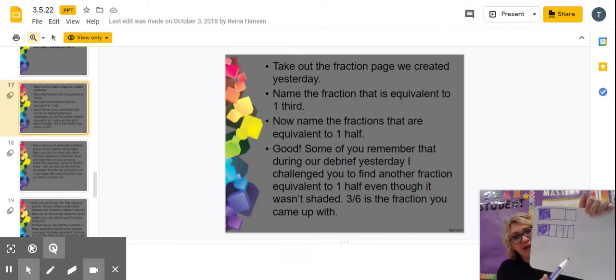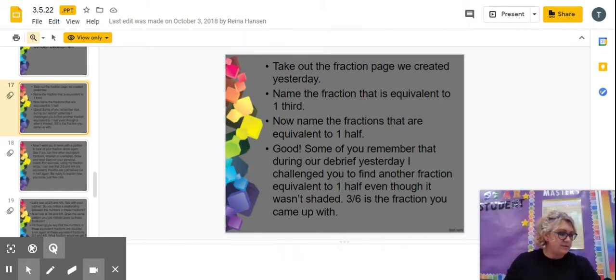Now let's look at halves. So I'm going to draw 2/4. Hold on, I gotta draw 2 boxes that are exactly the same so you guys can see that they are the same.